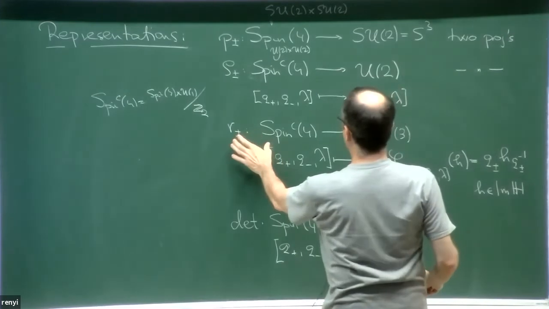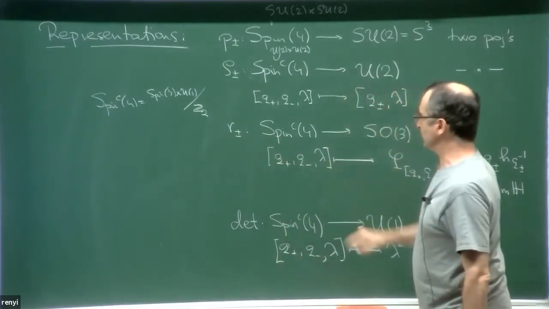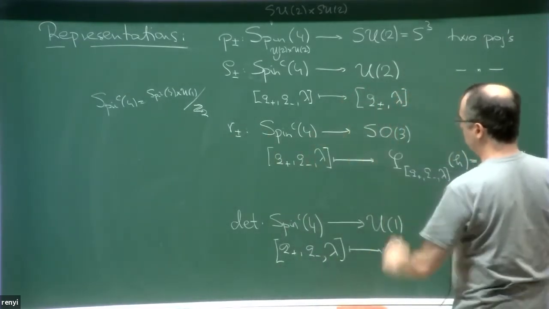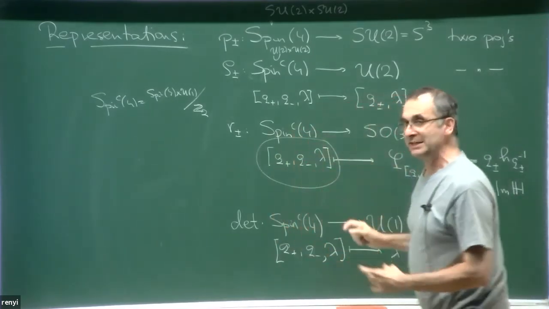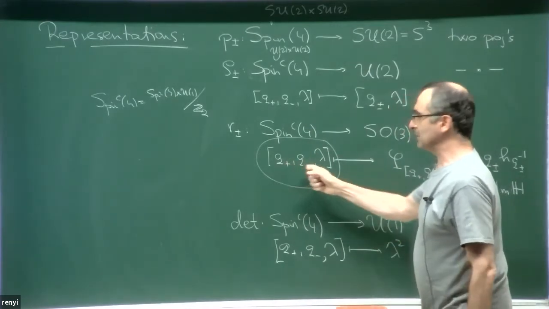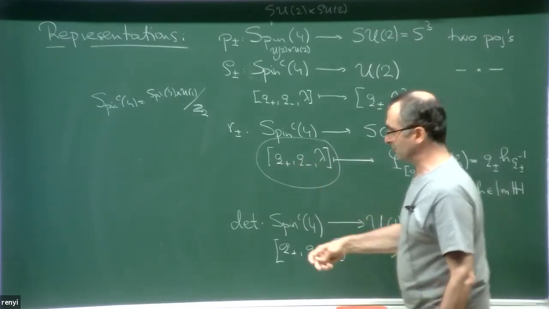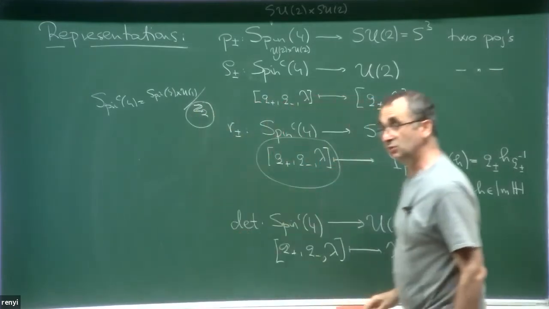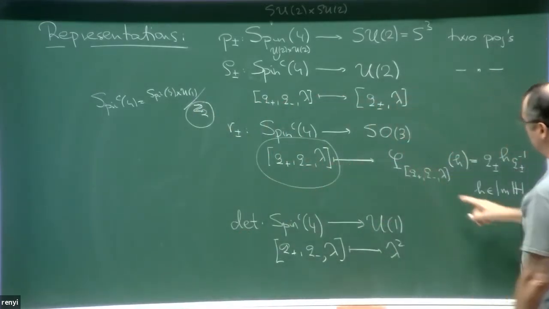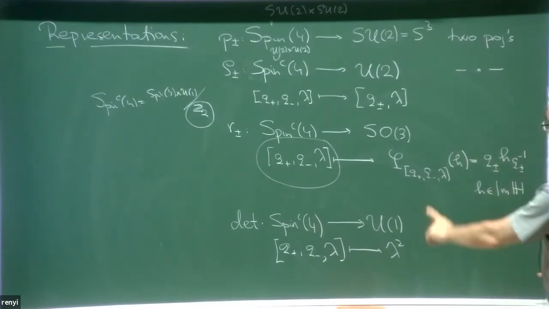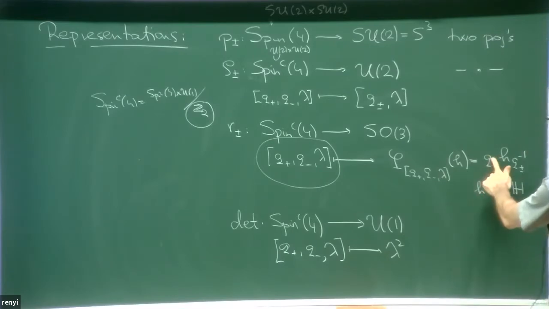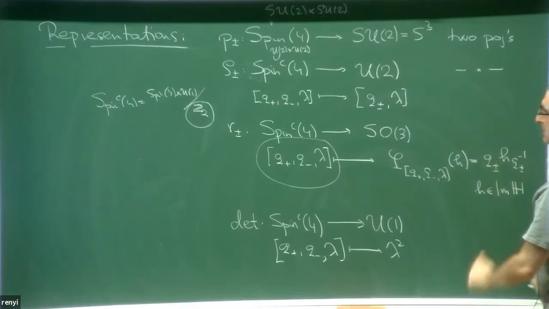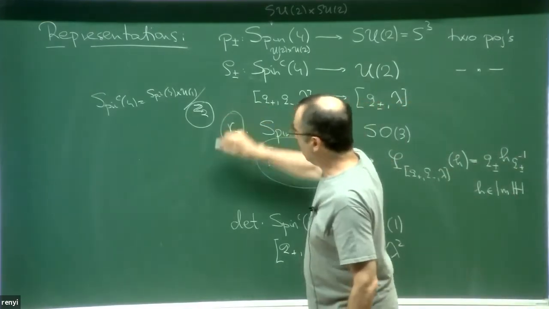And another interesting representation of Spin^c 4 goes to SO3, where this triple, and the bracket symbolizes the fact that we are not taking triples, we are taking equivalence classes of triples since we are factoring out by Z2. And so we send it to the map which is given here. So (q+, q-, lambda) sends h to q+ h q+ inverse, or q- h q- inverse, depending on whether I take R+ or R-.